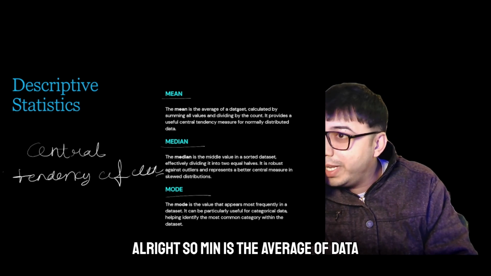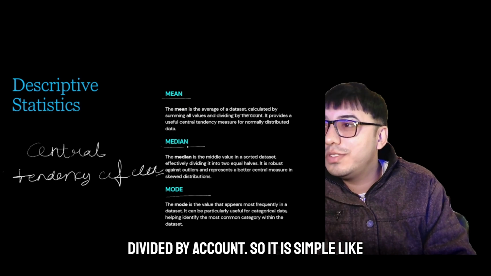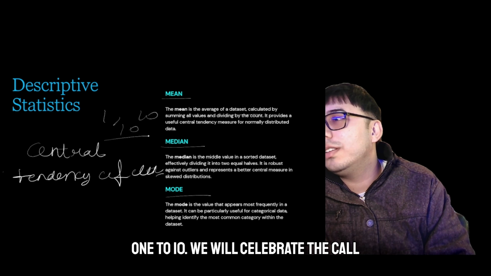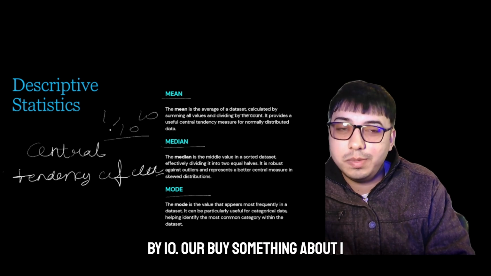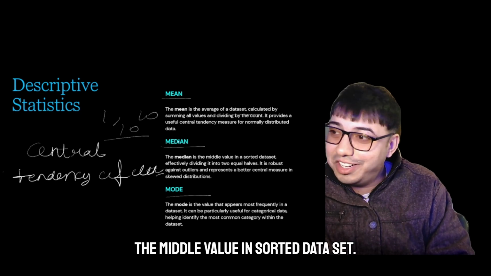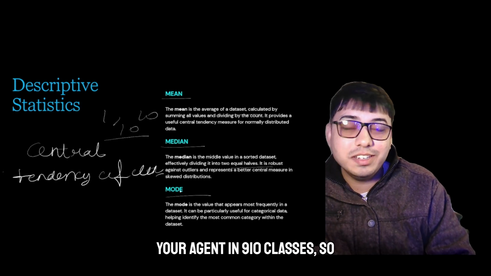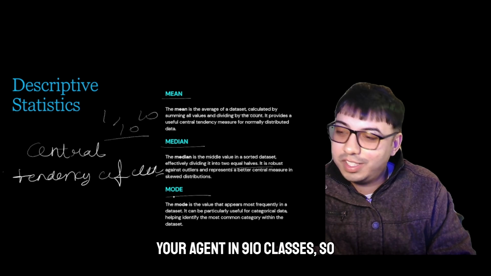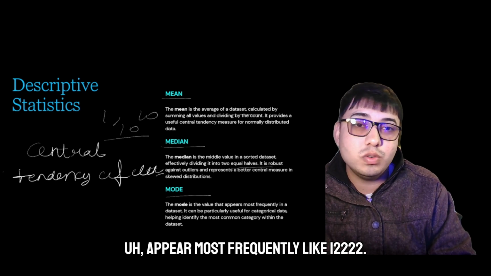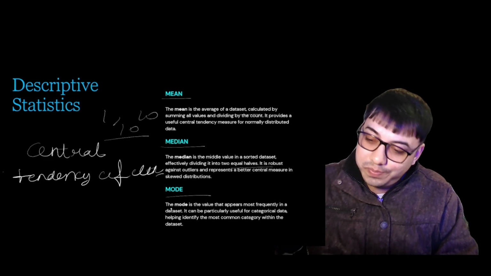Mean is the average of a data set, calculated by summing all the values and dividing by the count. It is simple. Like 1 to 10, we sum all from 1 to 10 and divide by 10. Median is the middle value in a sorted data set, dividing it into two equal halves. You already did this in 9th and 10th classes. And mode is the value that appears most frequently, like 1, 2, 2, 2. 2 is the mode.